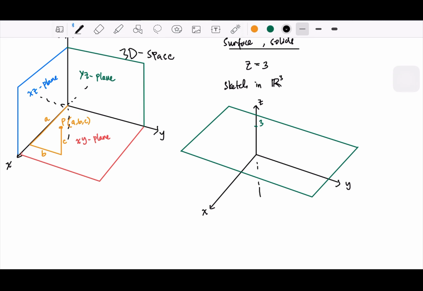And similarly, if you have y equal 2 or x equal 3, you will have a plane that is crossing the point. Okay. So we call this a surface.